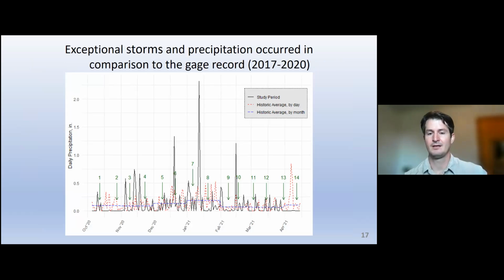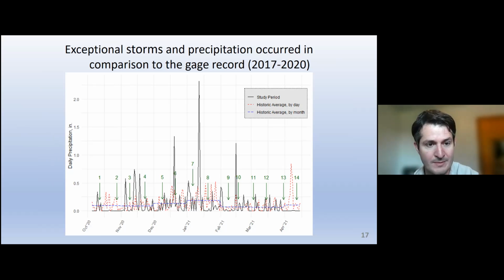So the first graph I'm going to show, a lot of my figures are in this time series format. This is the Rao Middle School rain gauge data during my study period, which is about mid-October to mid-April.